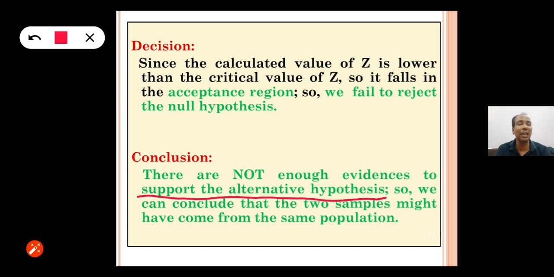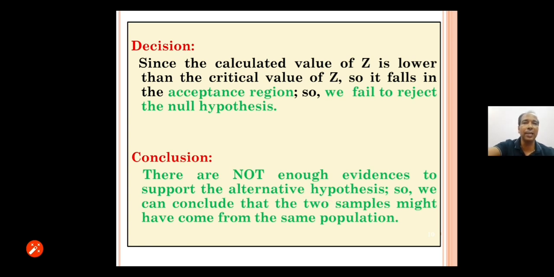Both populations have equal variances. That is the null hypothesis, which we fail to reject. So we conclude that the two samples might have come from the same population.